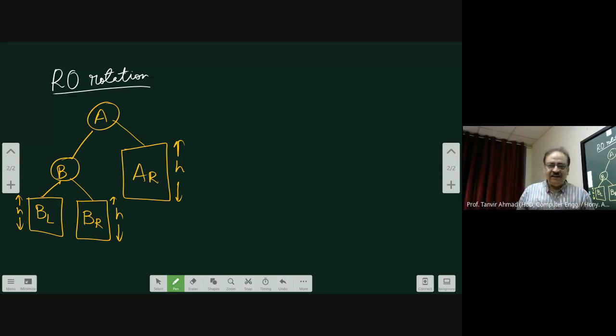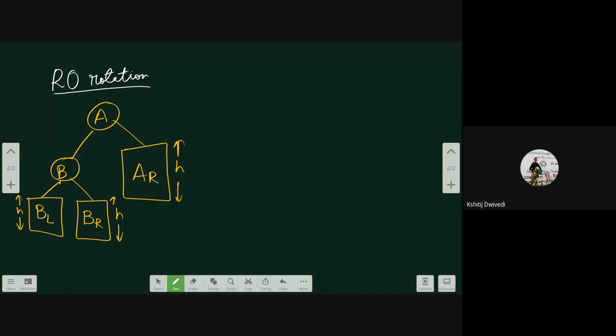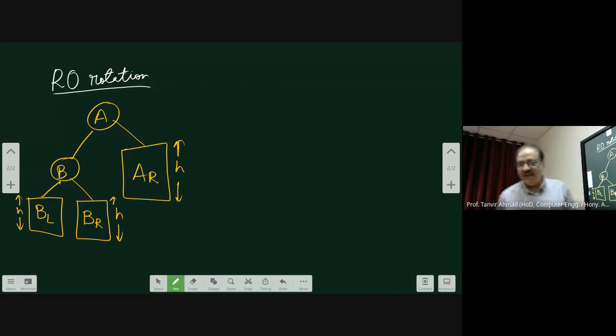If I delete anything from BR, again no. That means the balance will only change if you are going to delete from AR. Now the question comes, if I delete from AR, which node will become unbalanced? The A node. Of course, it will only be A, because it will not affect the other nodes, since those nodes are not connected. That means it will only affect A.